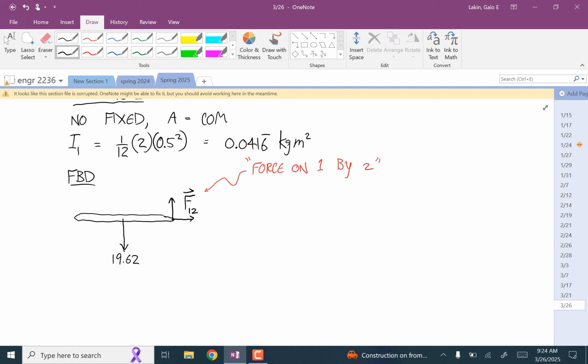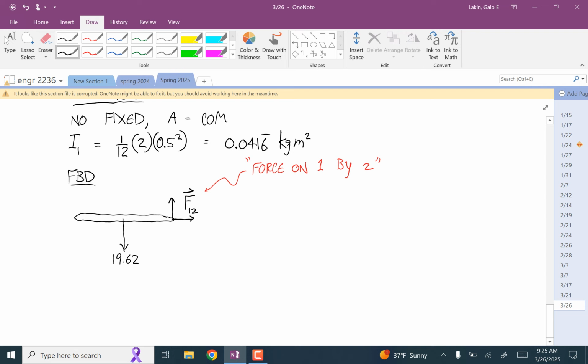Anybody have any questions about that? This naming convention is really, you pretty much are going to need to do this on these linkage problems. So the force is going both sides? Yeah, we don't know the components, right? Each one of those represents a component. It's the same thing that you've done with pin joints in the past.